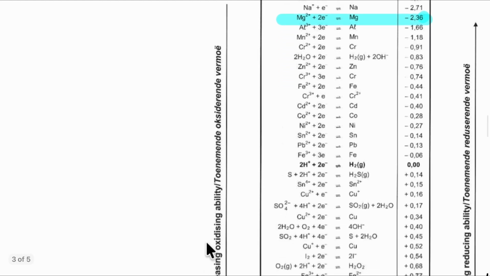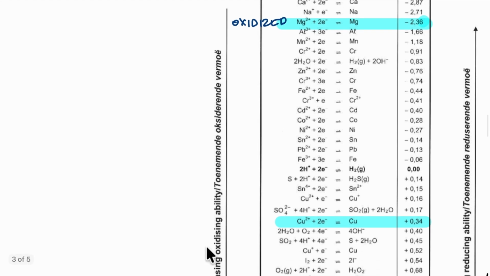So let's look for magnesium and copper in our table. Here's magnesium. And here's copper. So since magnesium is higher up, magnesium is going to be oxidized. And since copper is lower down, copper is going to be reduced.